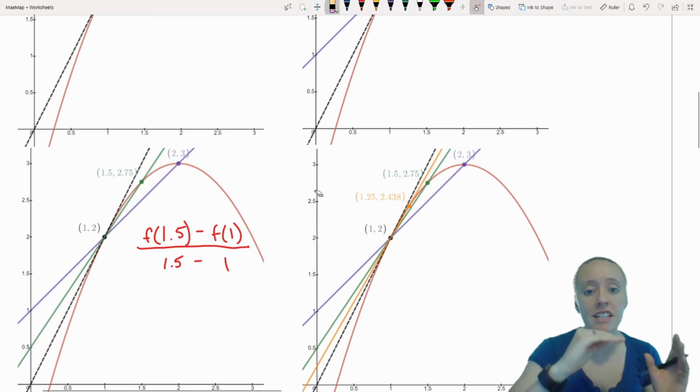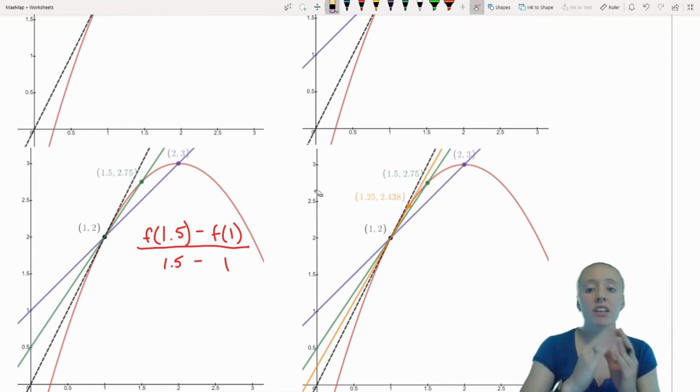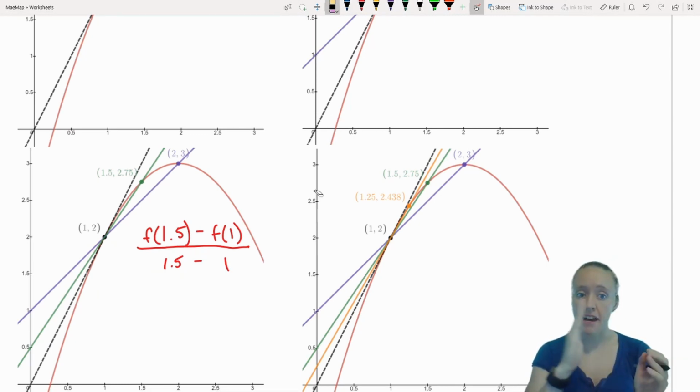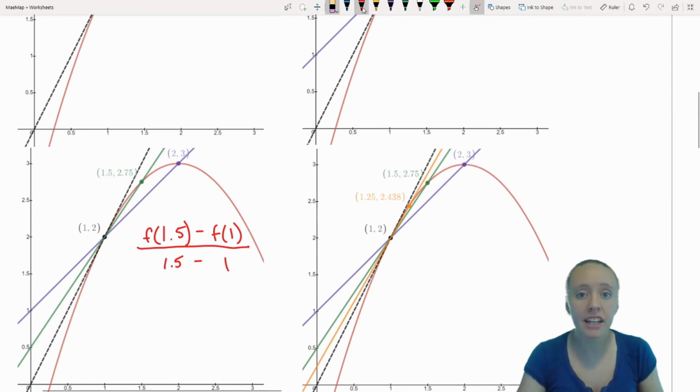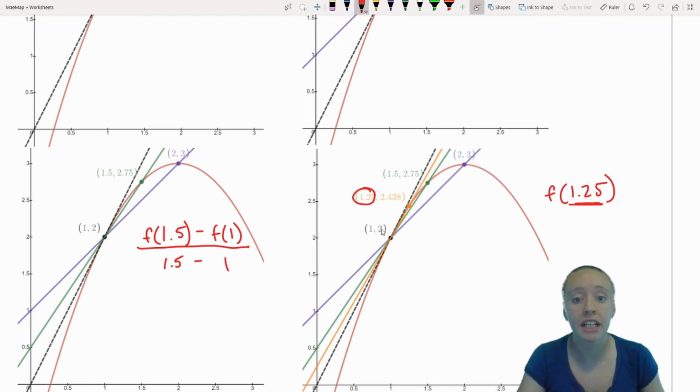So let's move on to the next one where we get even closer to that x value. In the next one, we're looking at this orange secant line. So we're going to have f(1.25) because that's the x value and I want to do my change in y. So I have to find the function value.